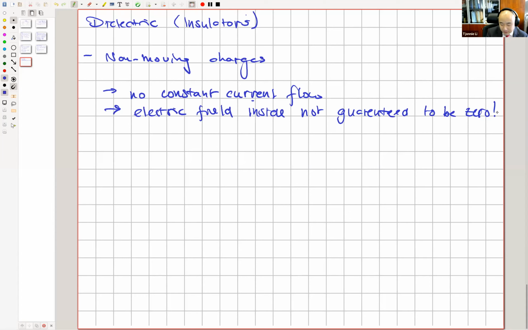What is important to realize when we talk about dielectrics, insulators, so anything away from perfect conductors, is that we simply don't know. It simply depends on the properties of the material, and that's really where the challenge lies when we talk about real life material science.